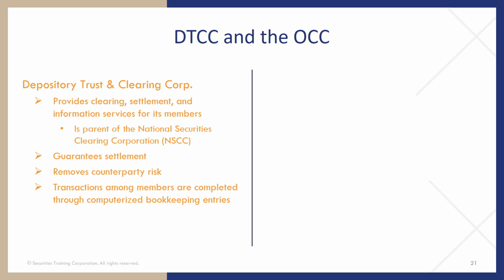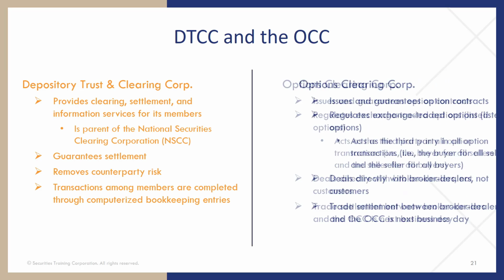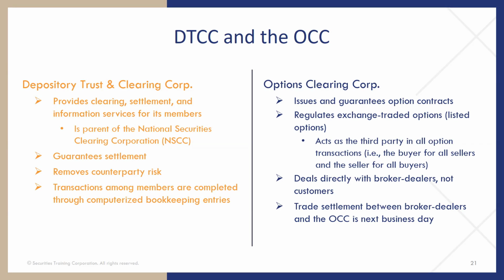What is the OCC? The OCC is the Options Clearing Corp. And what they do is similar to what the DTCC does, but for options. Now, options we discuss in detail in Chapter 10. But for right now, you need to know that the OCC, the Options Clearing Corp, guarantees all exchange-traded options or listed options.